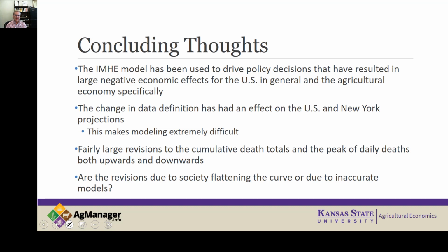It's really a question that policymakers and society in general are going to have to wrestle with, in terms of whether the reductions in cumulative death are due to society's behavior or inaccurate models.